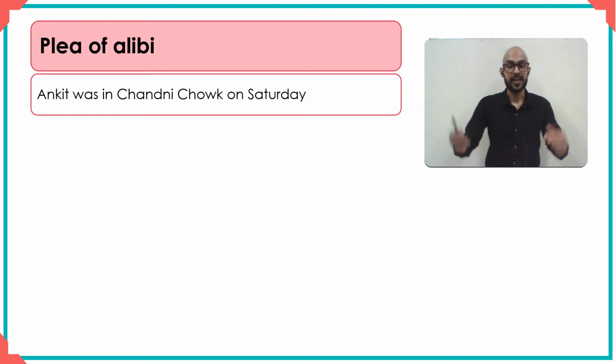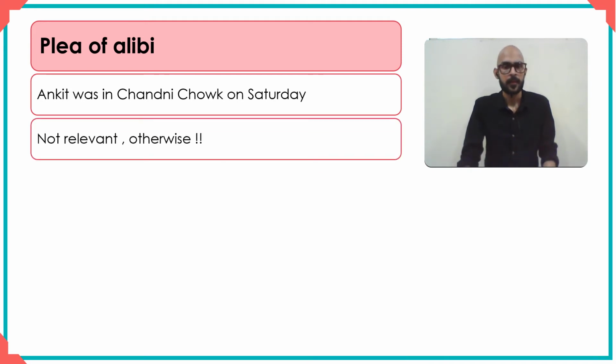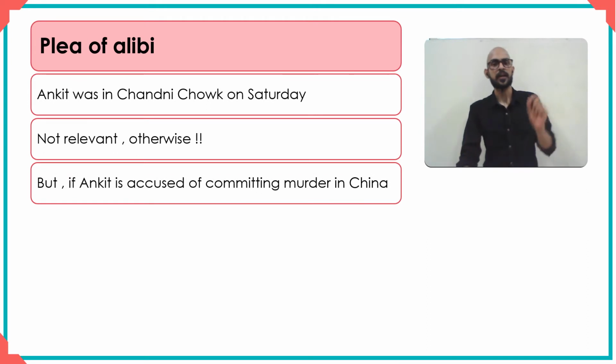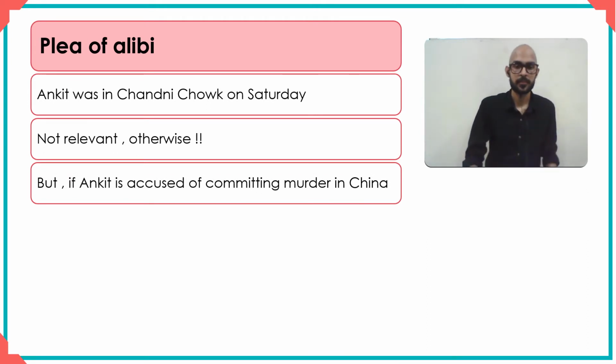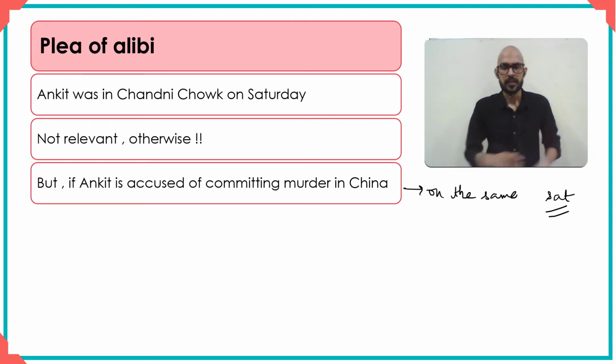But if it has a relationship with the fact in issue or relevant fact, then maybe it could be relevant. So let us say it's a fact that is otherwise not relevant, but if Ankit is accused of committing murder in China on Saturday, on the same Saturday, to clarify, it's the same Saturday. If Ankit is accused of committing murder in China on the same Saturday, we've got our fact in issue here.